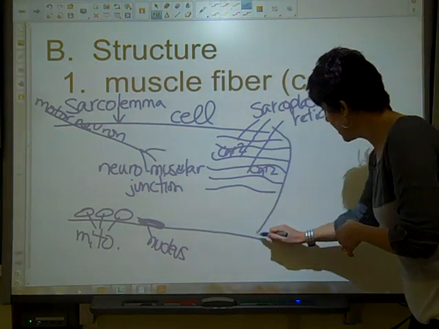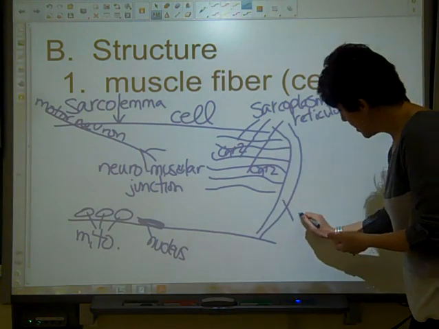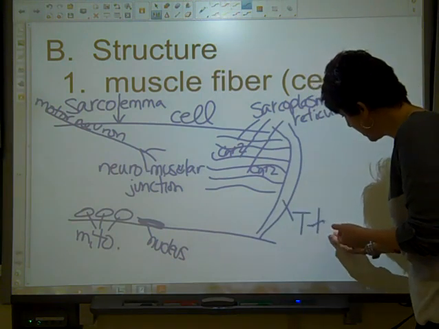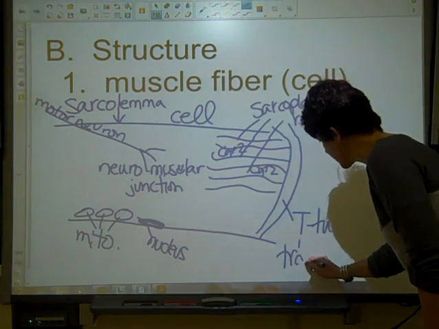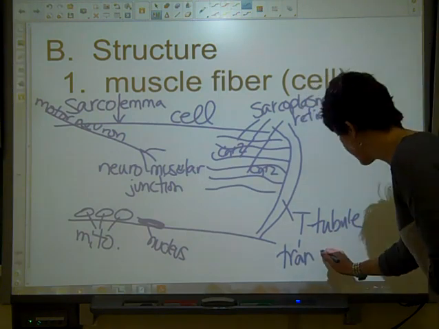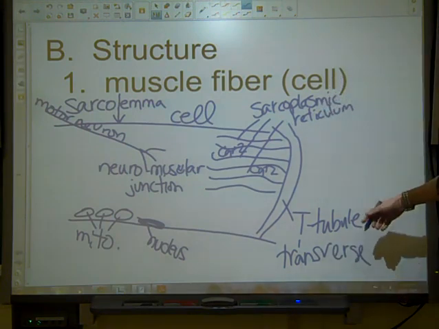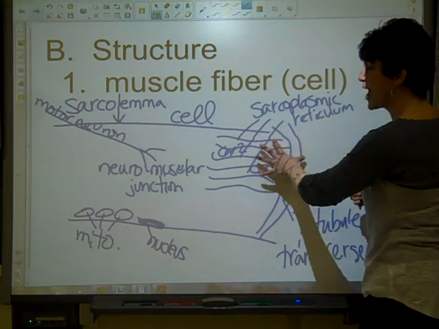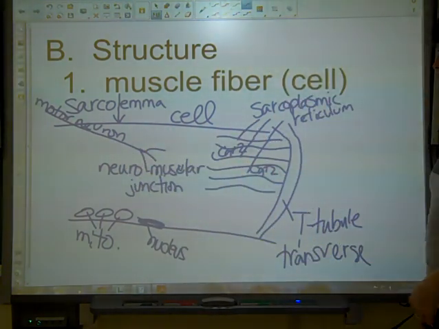And they are united by tubes that run along this way. So this would be called a T-tubule. T stands for transverse. Transverse meaning it cuts along them. So transverse tubules. That'll be important in order to spread the message from the nerve through all of the muscle cell very quickly.